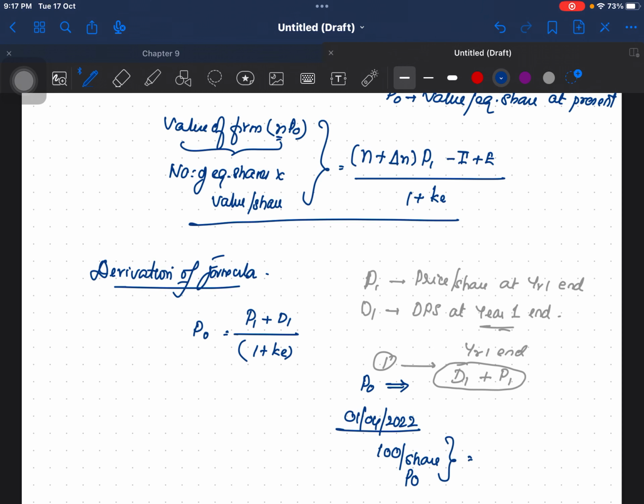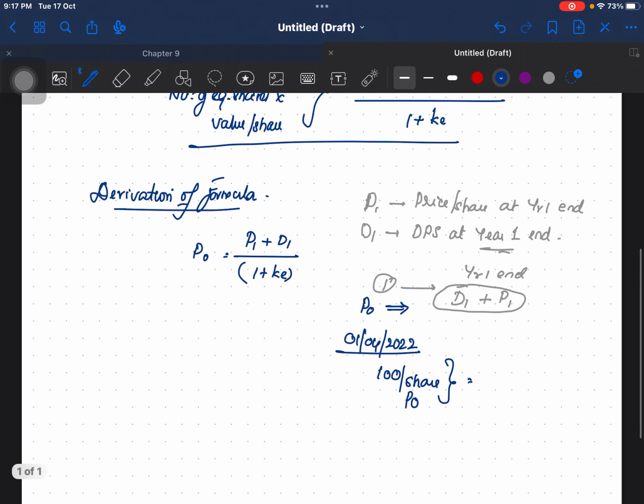Now this 100 per share which you have purchased today will give you D1 plus P1, which is the value of the share. Let's say you received a dividend of 10 rupees at the end of the first year, plus one share is having a value of, let's say, 115 rupees. So this is at T0 and this is at T1.